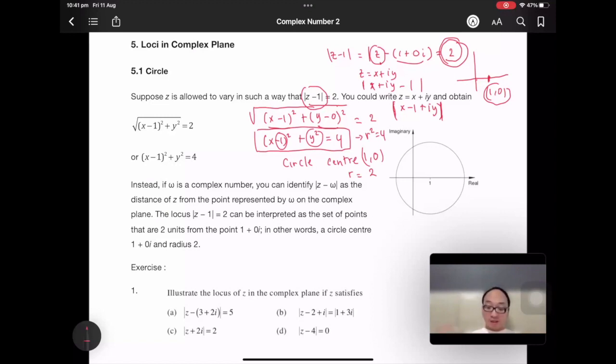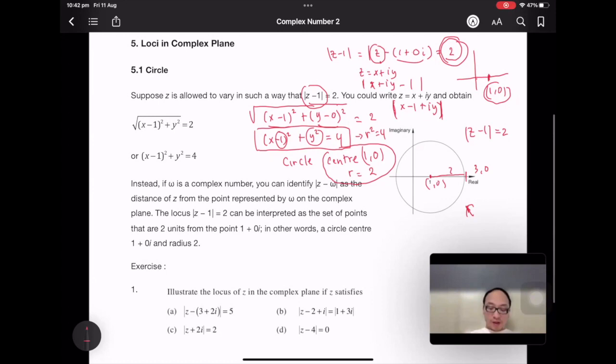That means the locus of modulus z minus 1 equals 2 is a circle with center 1, 0 and radius 2. So we draw it: the center 1, 0 with the radius of 2, so this is 3, 0, and then we draw a circle like this. From this example, we can see that this locus will be a circle.